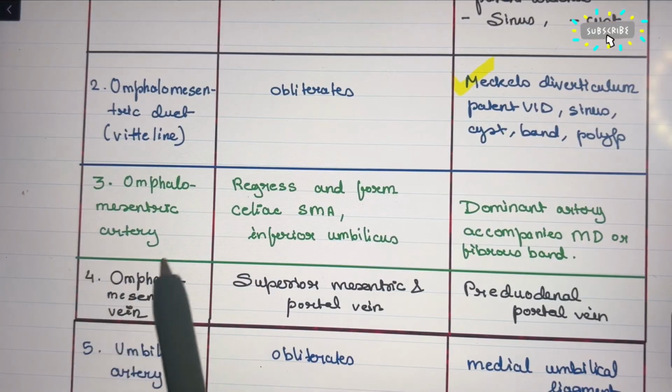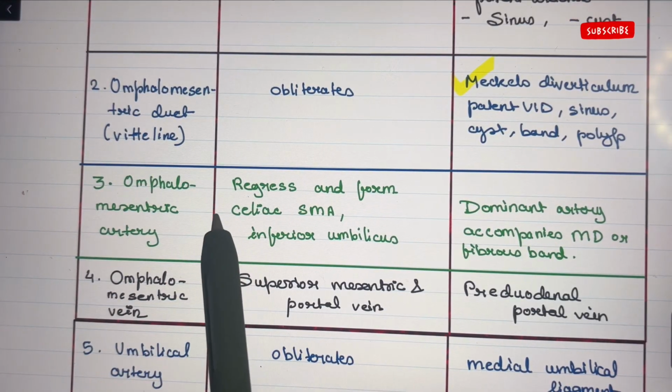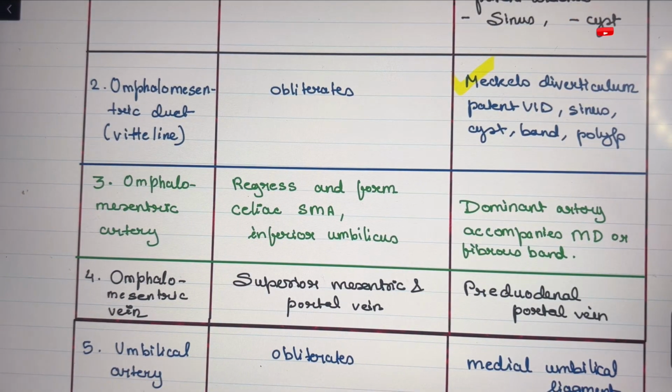If the omphalomesenteric artery does not regress, then in few of the patients we can find a dominant artery which accompanies the Meckel's diverticulum or fibrous band, and that artery supplies the Meckel's diverticulum.